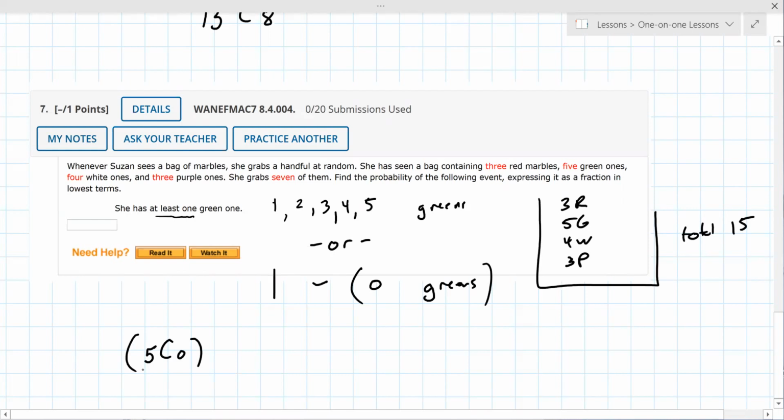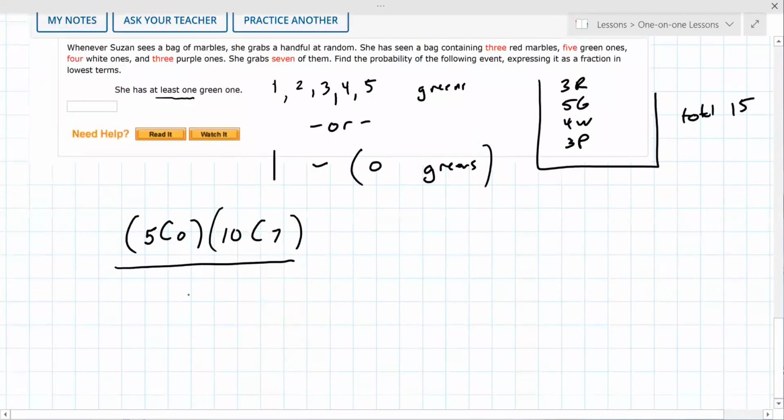But we need to grab 7 of them. So that means out of the non-greens, which there are 10 of them, we're choosing 7. So there's 10 non-greens. That's 3, 4, 3. We're choosing 7 of them over 15 choose 7, because the bottom is always just this one thing. It's however many you have and however many you're choosing, and then the top is how you're breaking it up. But then we got to do a 1 minus that.